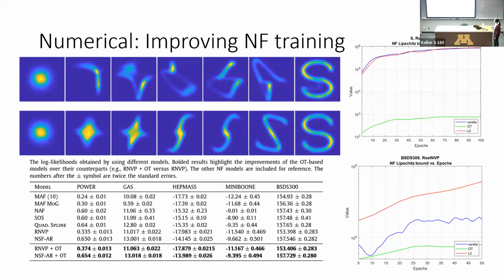One is RealNVP, the other is NSF. We use the same neural network structure, but add the dynamic cost in the objective, and we can achieve a similar log likelihood compared to the methods without adding the OT cost. And we can improve the regularity of the normalizing flow.